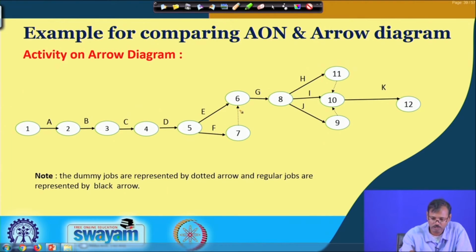Actually, that is basically wrong. This will be a direct arrow. So, this is the dependency showing A to B, B to C, C to D, then E and F will be carried out together, and G will be carried out only after completion of lighting and scaling.